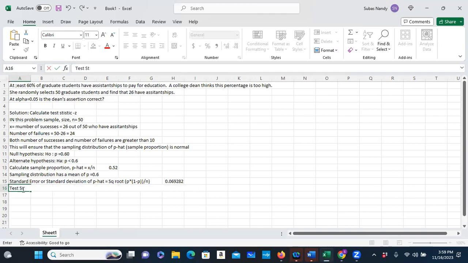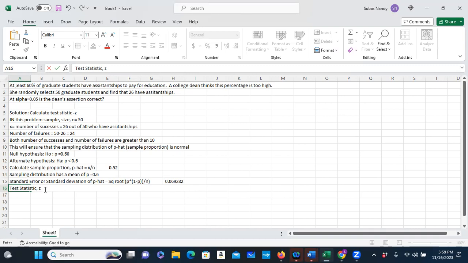Okay, so let's calculate the test statistic. The test statistic is a characteristic of the sample that we have gathered. So we will compare the hypothesized population proportion with the sample proportion and see how far the sample proportion is located away from the hypothesized population proportion of 0.6.